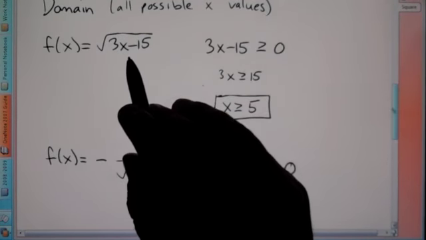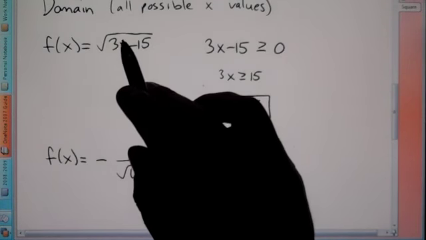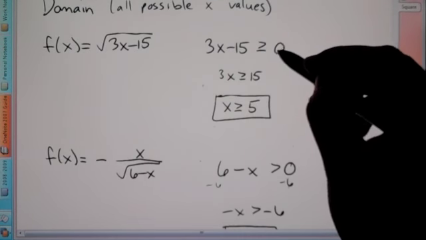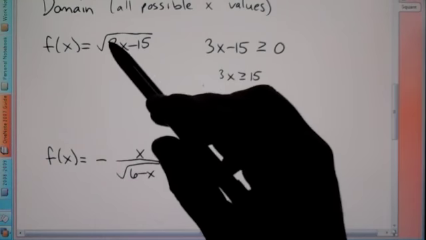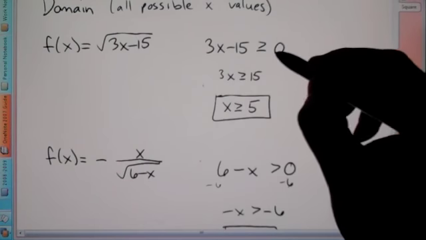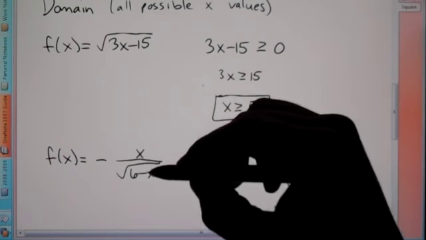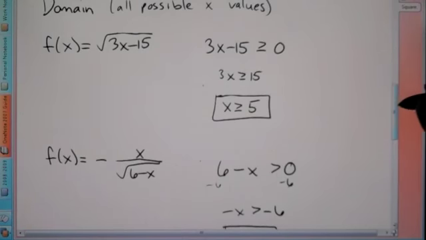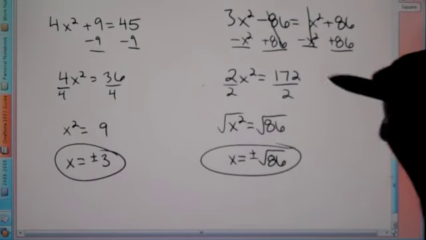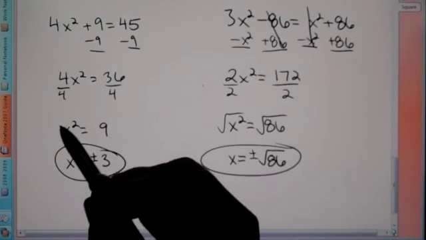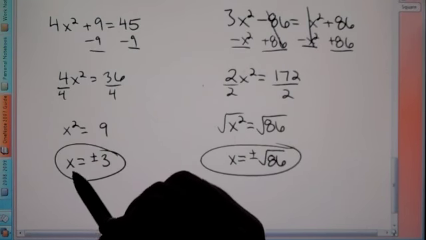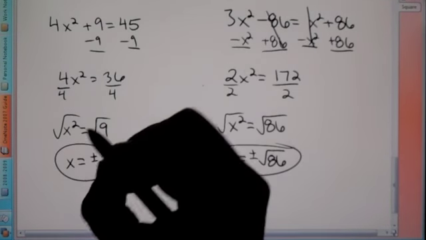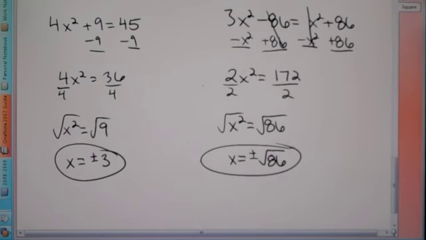Domain, if it's in the numerator and you have a root, you set it to greater than or equal to 0. If there were no root, we would just set it equal to 0. And if it's in the denominator, you just don't do the or equal to sign. You just do the greater than sign. And lastly, solve. Don't forget, get x squared by itself before you take a square root. Before you do this, you have to get the x squared by itself. So good luck with that.